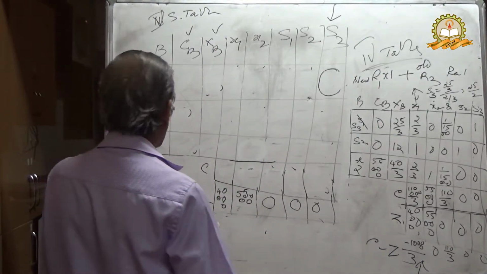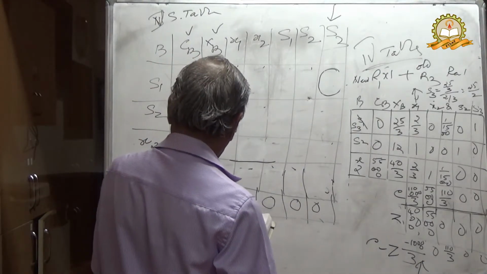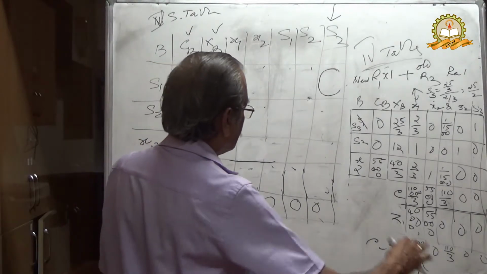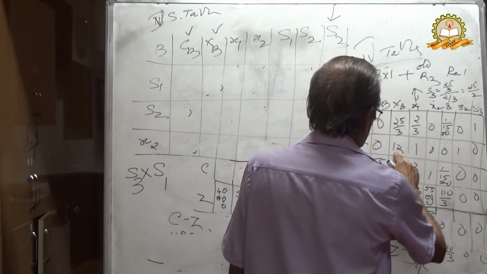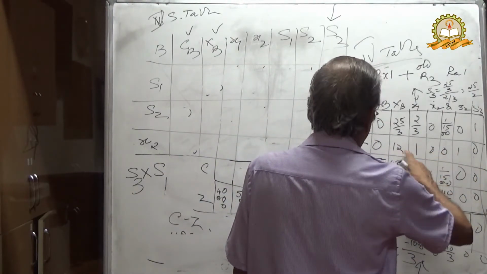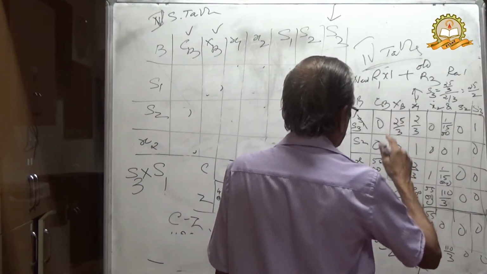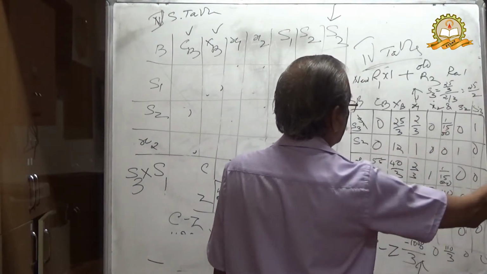Then the second ratio, under the S2 row, 12 divided by 1 equal to 12.